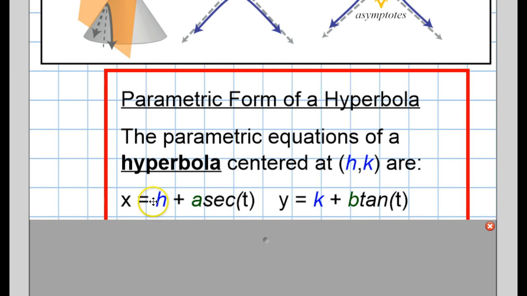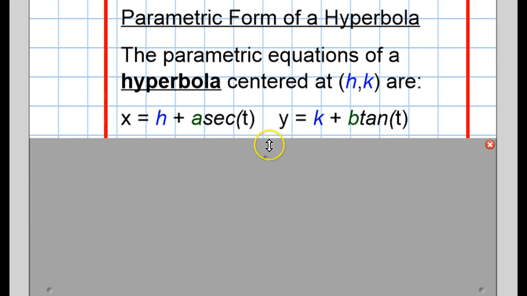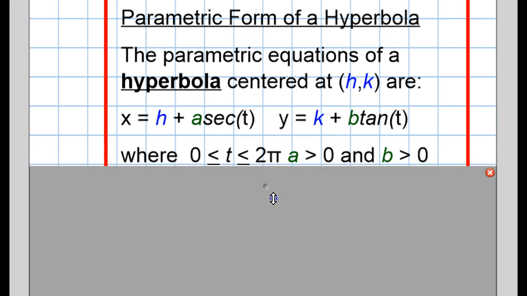We still have x equal to h plus a times some trigonometric ratio, and y equal to k plus b times some trigonometric ratio. In an ellipse, those trigonometric ratios are cosine and sine, but in a hyperbola, it's secant and tangent. So it looks very similar to the parametric form of the ellipse, with the only difference being that we have secant and tangent instead of cosine and sine.